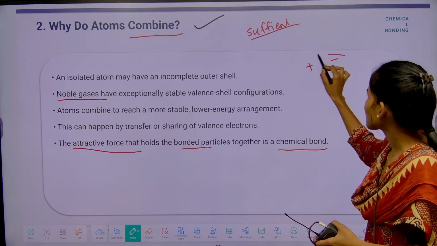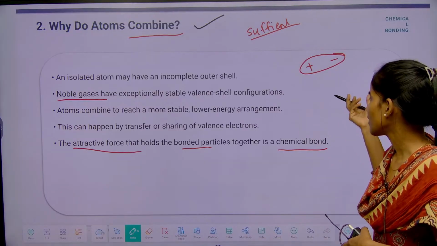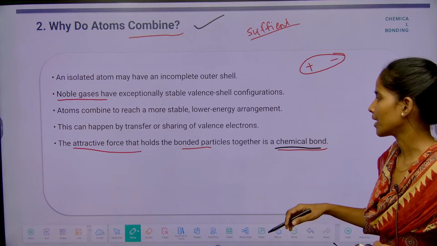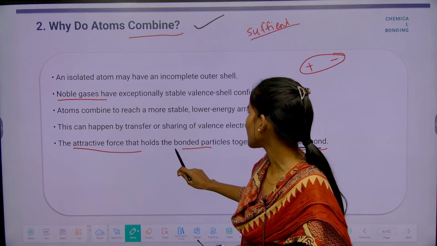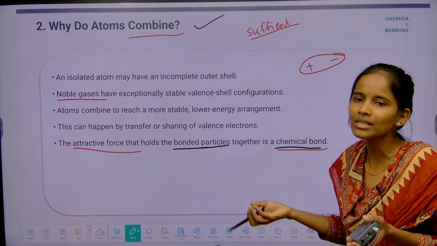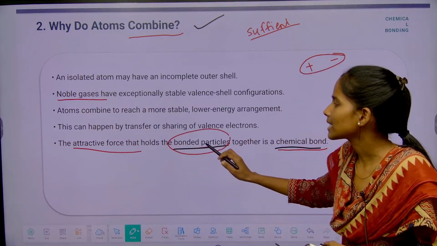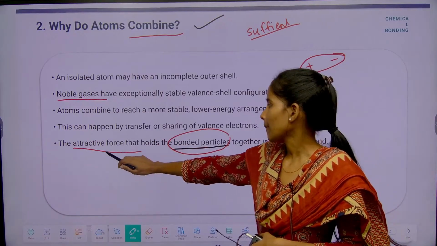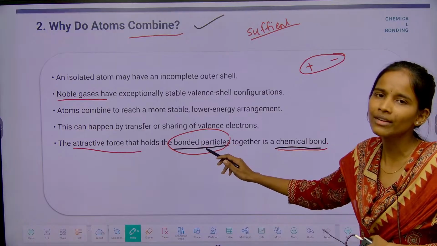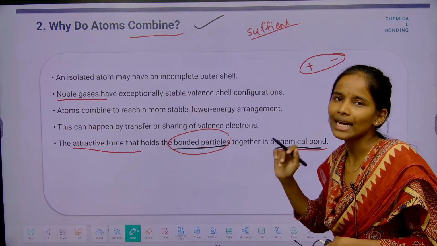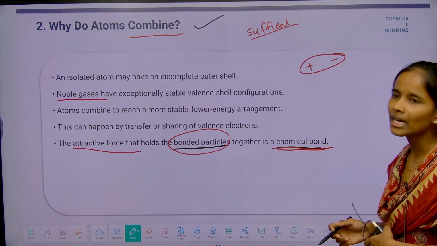The attraction between these two opposite charges we will call a chemical bond. In this sentence, the attractive force that holds the bonded particles means the atoms involved are held together because of the attractive force. That attractive force we generally call the electrostatic attractive force, and the resultant we call a chemical bond.